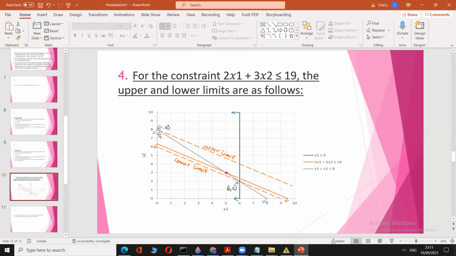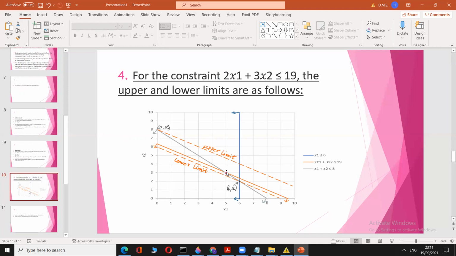This gray line is x1 plus x2 less than or equal to 8. This is x1 less than or equal to 6. There will be the optimal value, which is the intersection between those two constraint lines.